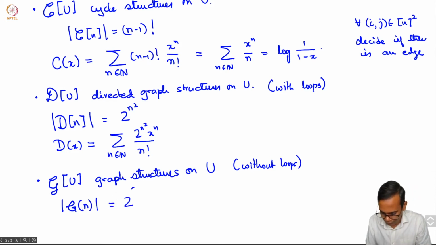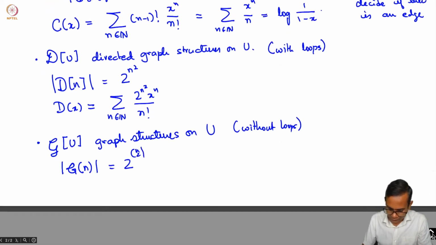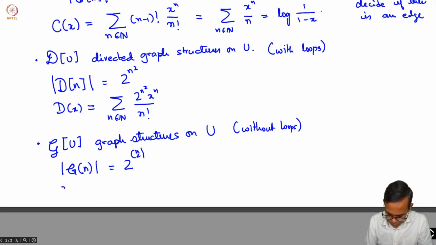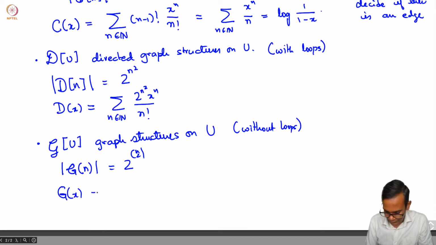So g_n is 2 to the power n choose 2, and so G(x) is equal to the summation over n in N of 2 to the power n choose 2, x to the power n by n factorial.